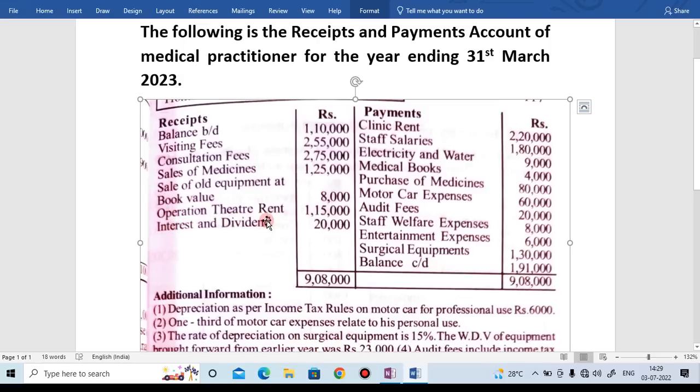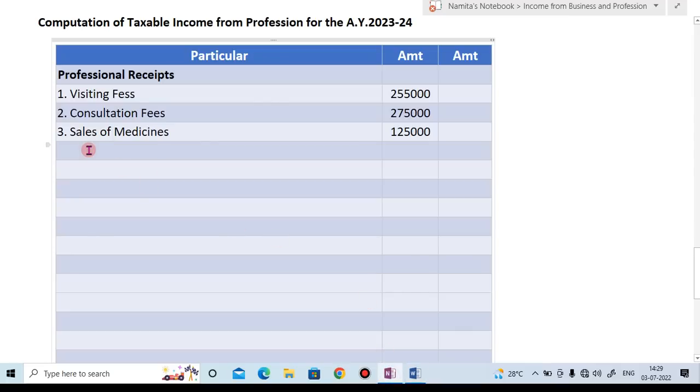So next is operation theatre rent 1,15,000. Yes, this is the professional receipts of the field of medical, of doctor. So we will take this professional receipt, that is operation theatre rent 1,15,000.